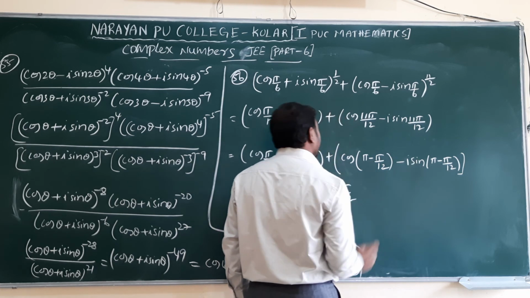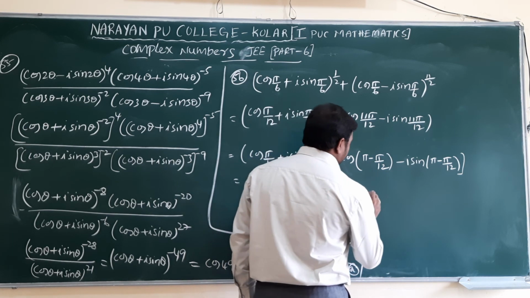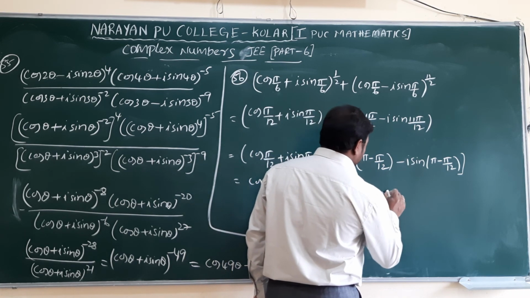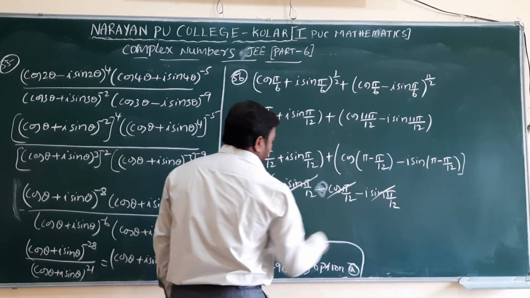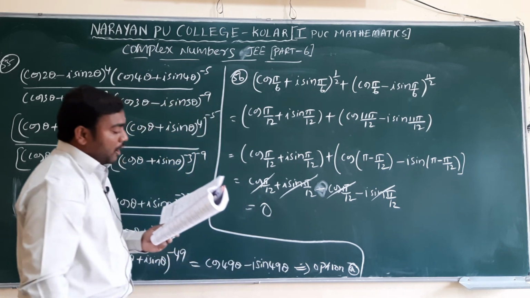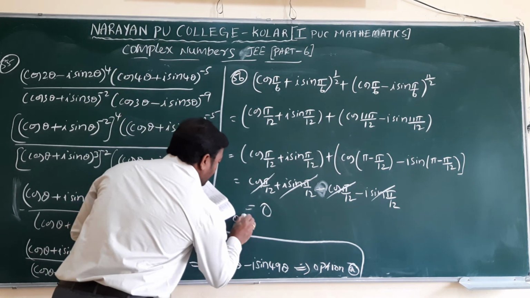Here sin of 180 minus theta is sin theta only, minus i sin pi/12. Here plus and minus get cancelled, and what remains is 0. Here option D is the correct option.